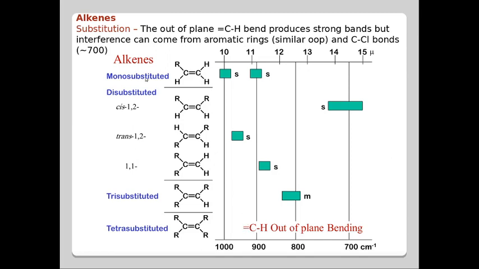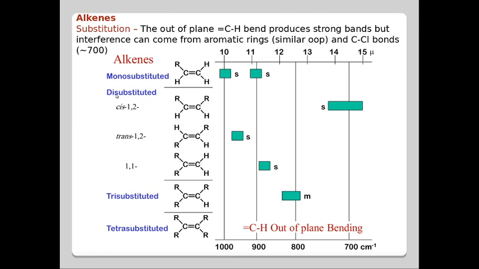For a monosubstituted alkene such as the one here, where R is a functional group, you will see one strong band at around 900 centimeter inverse, and another strong band at around 1000 centimeter inverse.